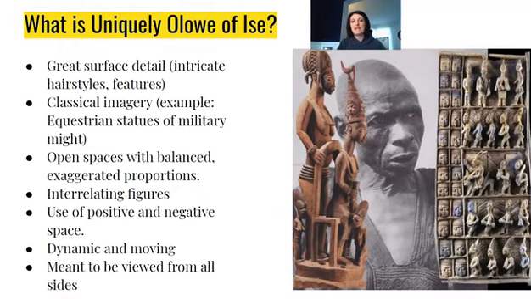His works have a lot of negative space and pieces that project out and come into the viewer's space. It's not just meant to be looked at. It's very dynamic. There's movement through the lines that run through it. For example, here we have the Benin king whose crown points upwards to the bird, but then the lines also point backwards to her as a reminder of her importance in all of this.